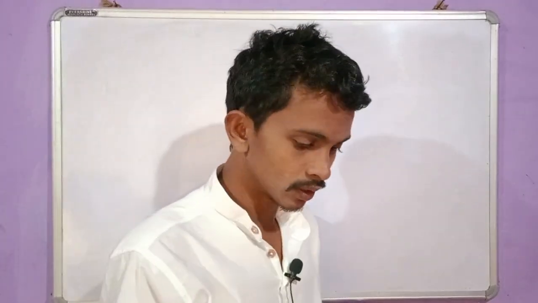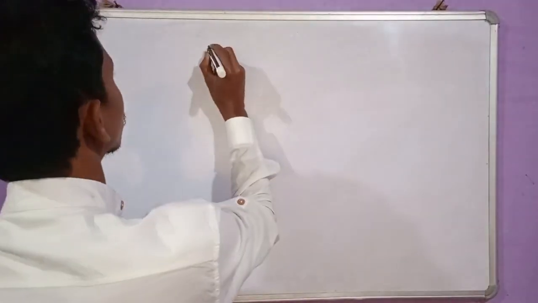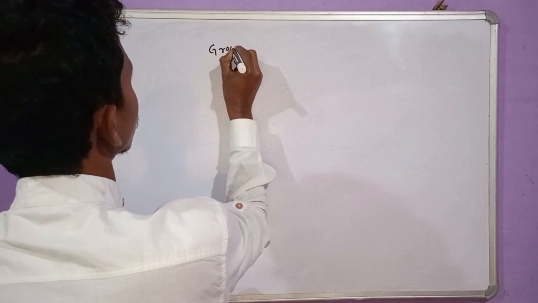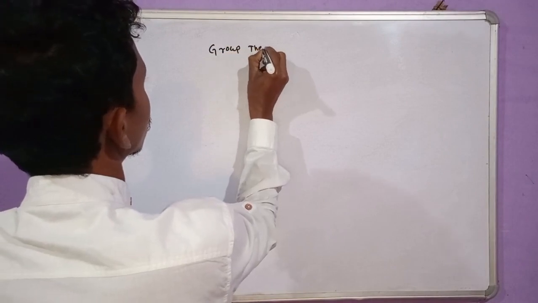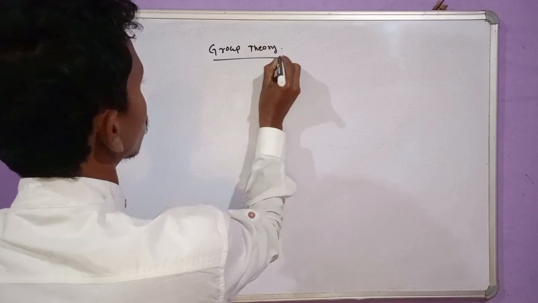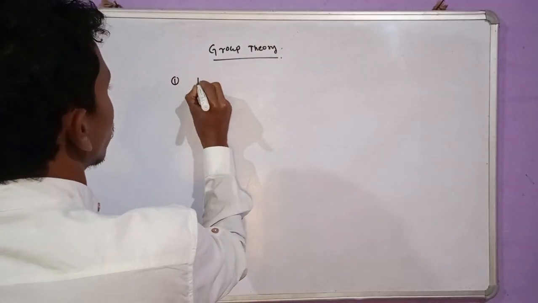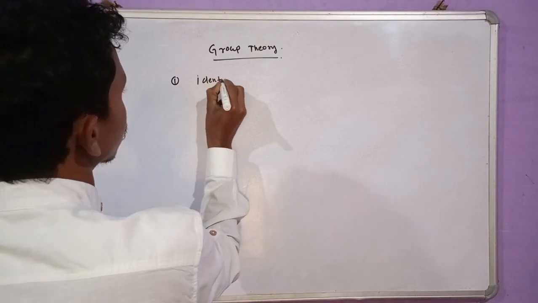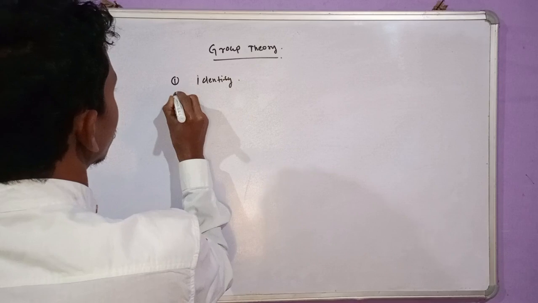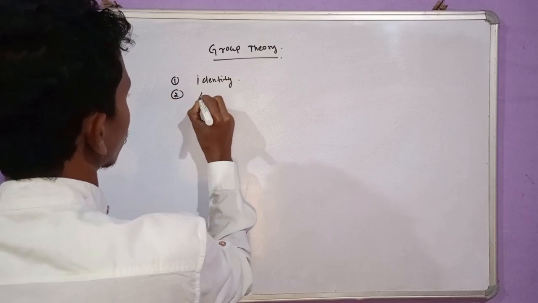So we are discussing group theory, and we have discussed in previous classes identity and axis of symmetry.